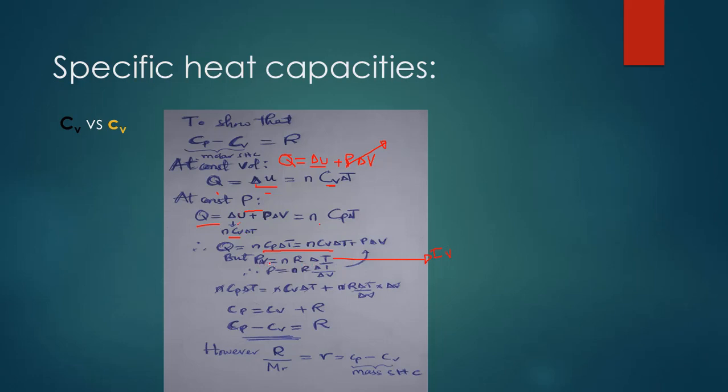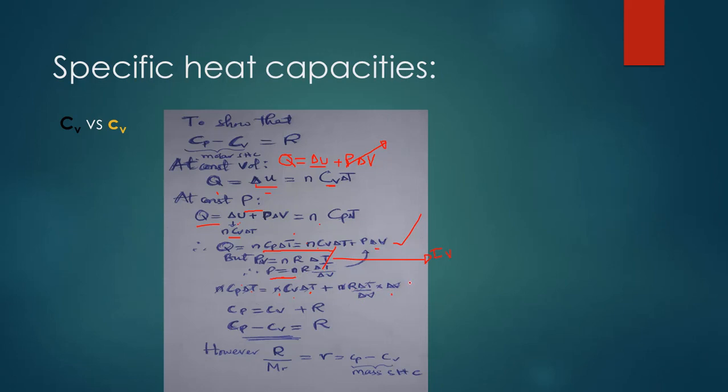So P is equal to nR change in T over change in V if you take change in V to the other side. Then you substitute this P into our formula. So you have nCP change in T equals nCV change in T, then for P you put nR change in T over change in V, times change in V.